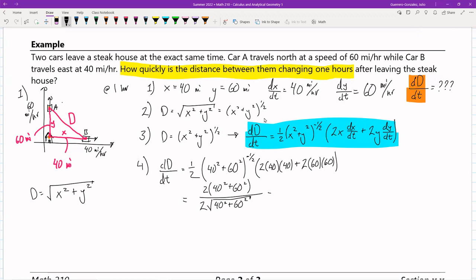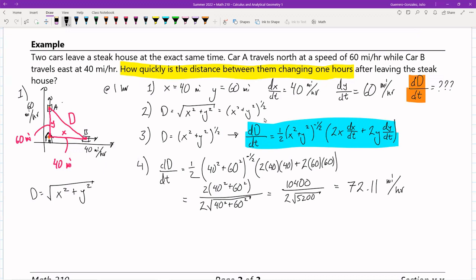If you do this properly, you should get something along the lines of 10,400 over 2 times the square root of 5,200. And this is all equal to 72.11 miles per hour.